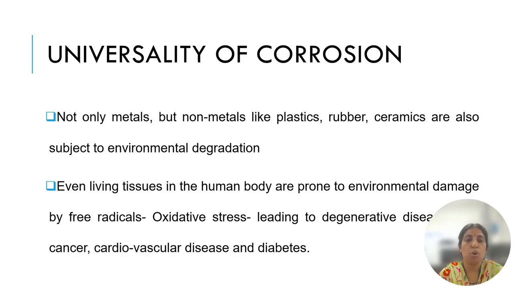Even in our human body, there is a form of corrosion, caused by free radicals or oxidative stress, which leads to the degradation of our organs like the heart, enzymes and pancreas, from which we get diseases such as cardiovascular disease and diabetes. So corrosion, degradation or loss of material happens in and around us.